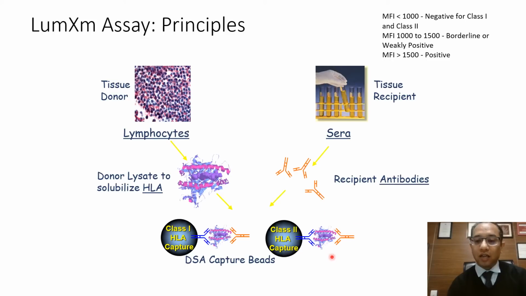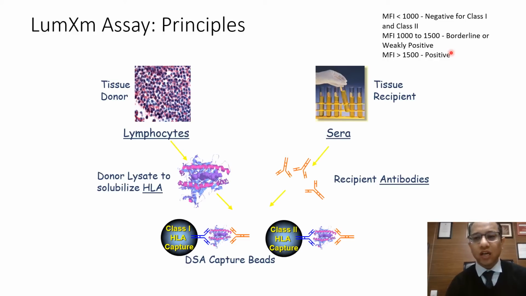Similarly, if the antibody is against HLA class 2, it's going to combine with this HLA class 2 capture bead, which has an HLA antigen attached to it. When there is an antigen-antibody reaction, that can be read through a secondary antibody, which is AHG, like we have in red cell serology, and this is read out in a Luminex instrument as a mean fluorescent intensity.